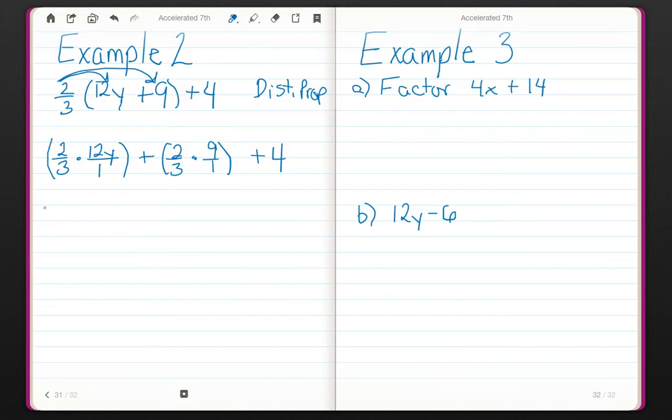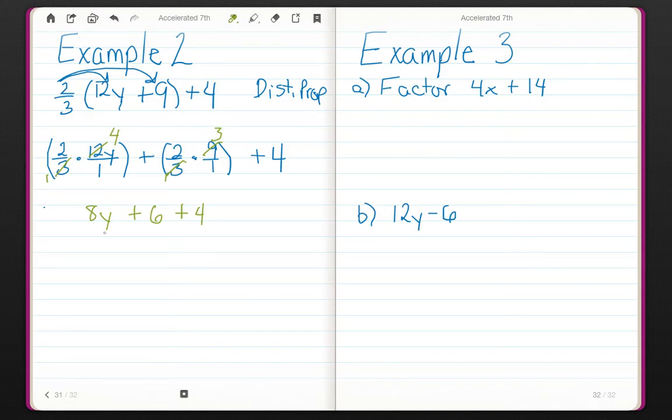So now I'm going to change colors for fun. I'm going to cross cancel, and I'm going to cross cancel again. And I'm going to get 2 times 4 is 8, 8y plus 2 times 3 is 6, plus 4.